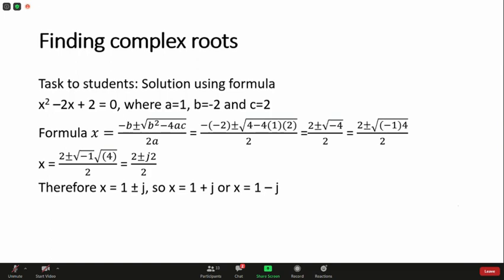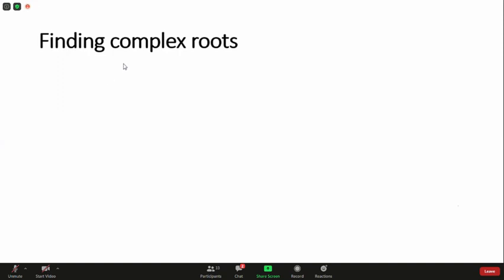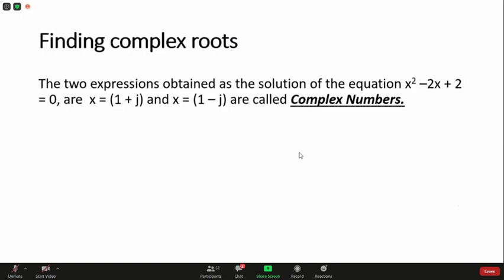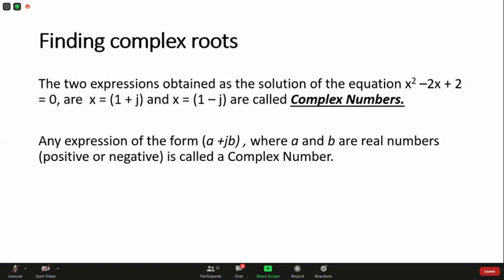Now we go to one very elementary thing, I think everybody can understand easily. The common form of the complex numbers. Any expression of the form a + jb, where a and b are real numbers, positive or negative.